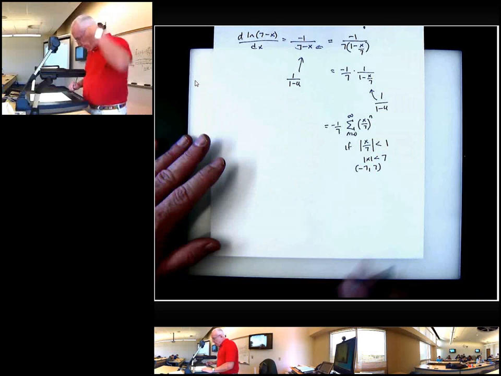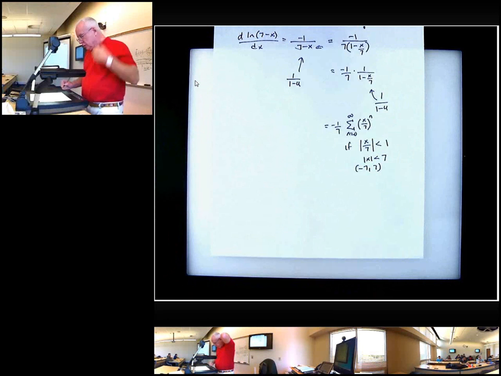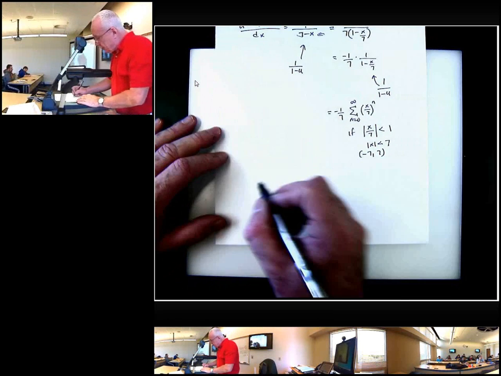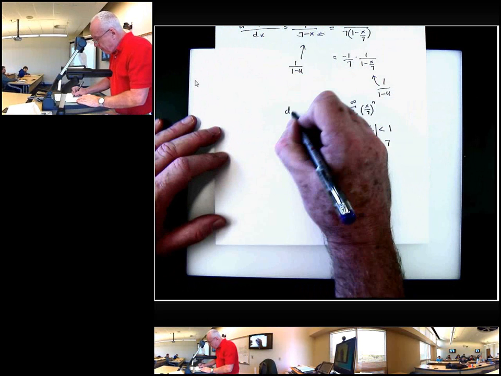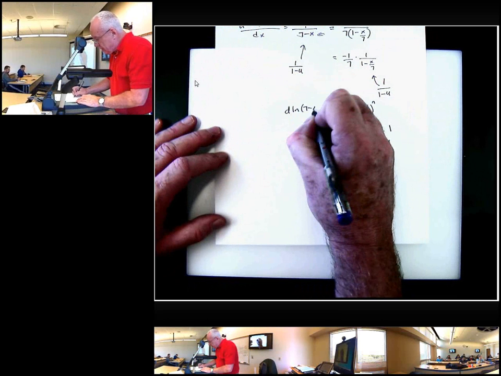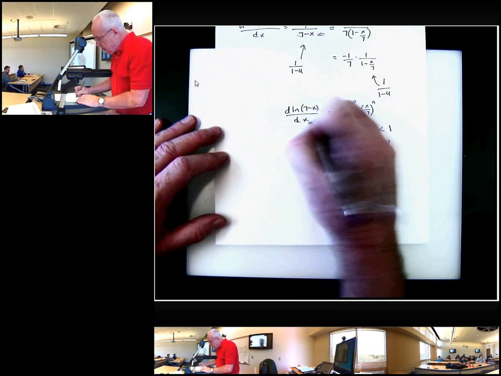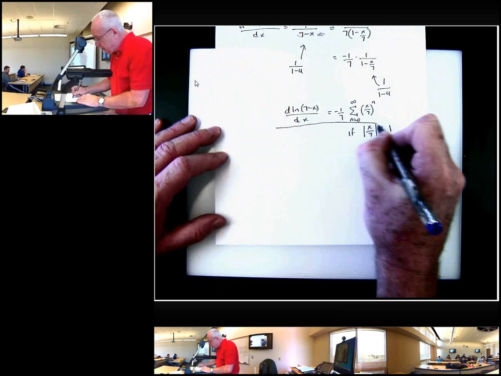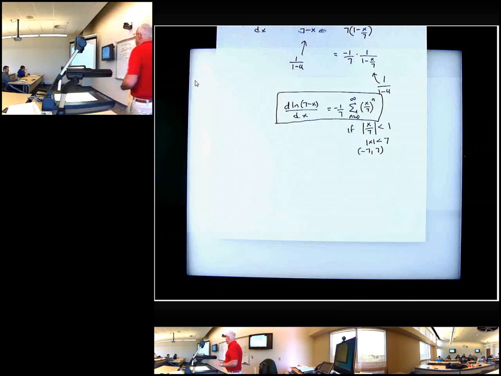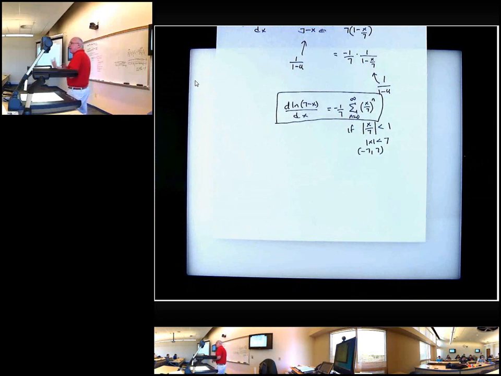All right. So we found here that the derivative of the natural log of 7 minus x is equal to this power series here. So again, I then take the antiderivative of the right-hand side.